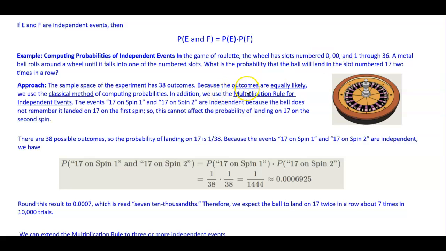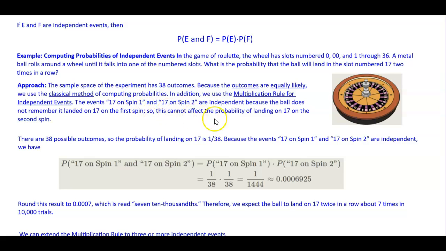Now, because the outcomes are equally likely, we use the classical method of computing probabilities. In addition, we use the multiplication rule for independent events. Now, the events 17 on spin 1 and 17 on spin 2 are independent because the ball does not remember it landed on 17 on the first spin.